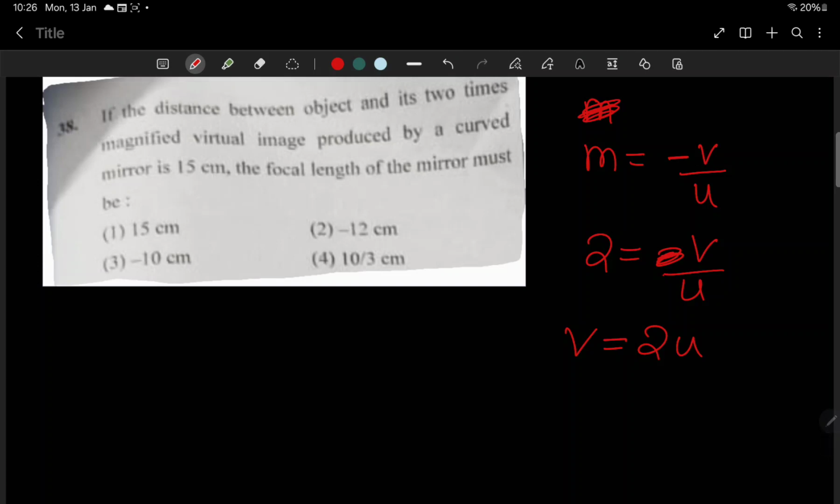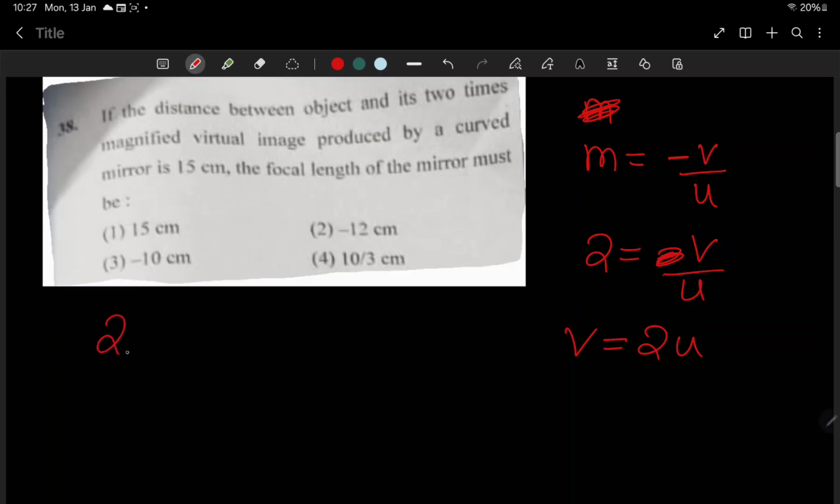Now we have the distance between the object and its 2 times magnified virtual image, that is 15 centimeter. We got V equal to 2U.